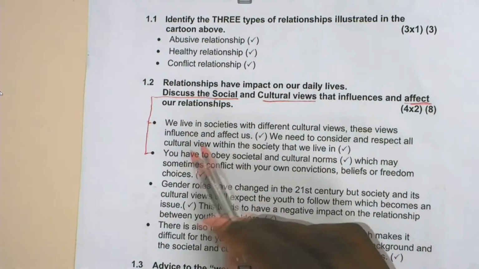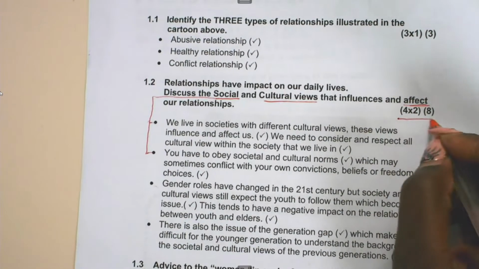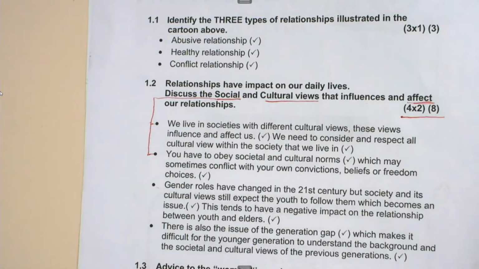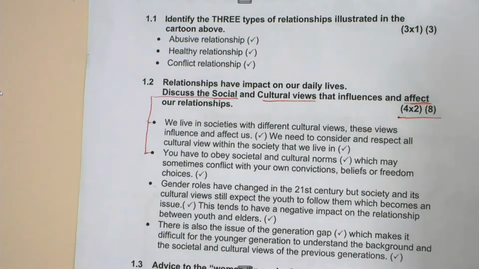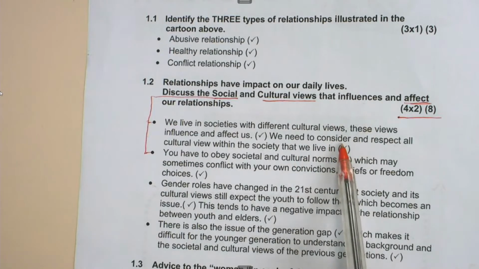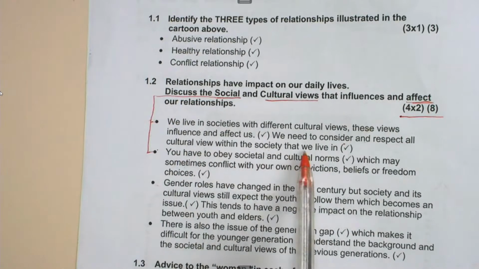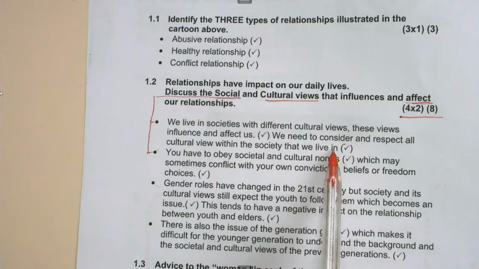Now, colleagues, when we look at the mark allocation, we answer according to the mark allocations provided. We live in societies with different cultural views. These views affect us a lot. We need to consider, now we are in the society, immediately we say we need to consider and respect all cultural views within the society that we live in.